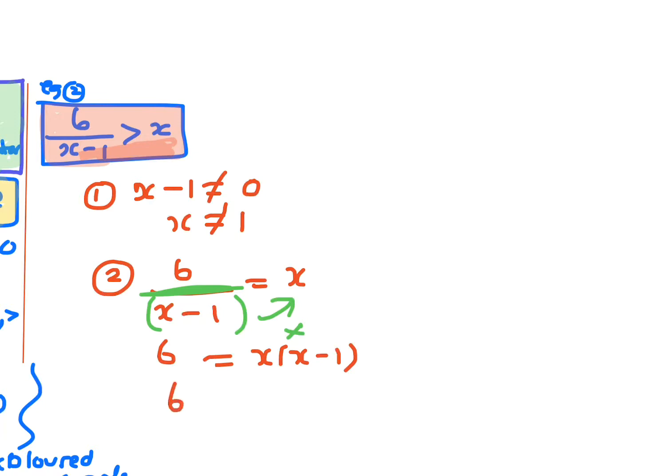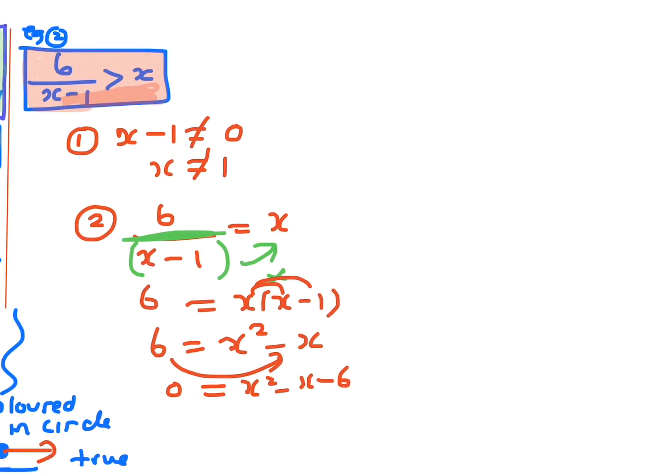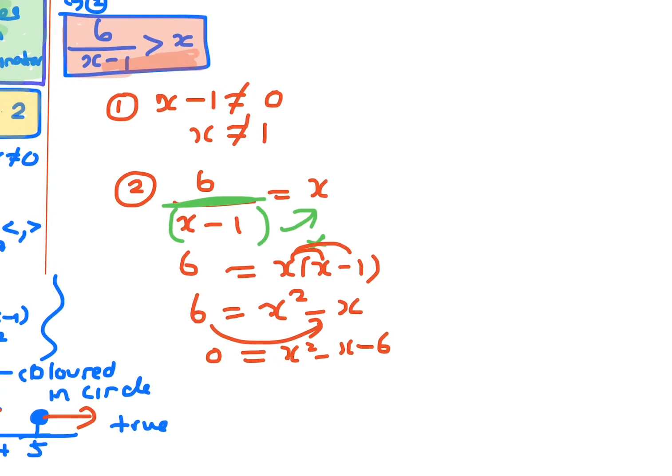Okay, so in order to solve this equation, you need to expand that to get the quadratic. So you get x squared minus x, and bring the 6 to the other side. So it's x squared minus x minus 6. Okay, and the third thing, then you need to actually solve that. So that'll be x minus 3, x plus 2 equals 0.